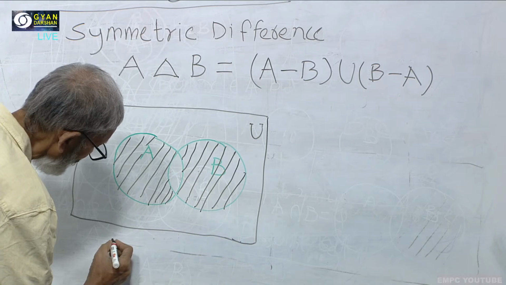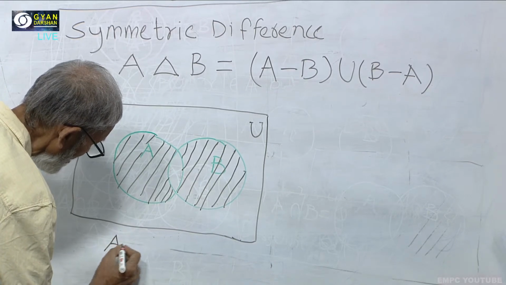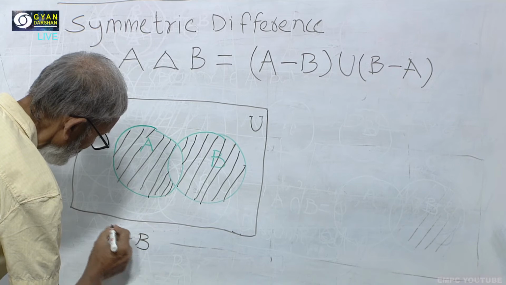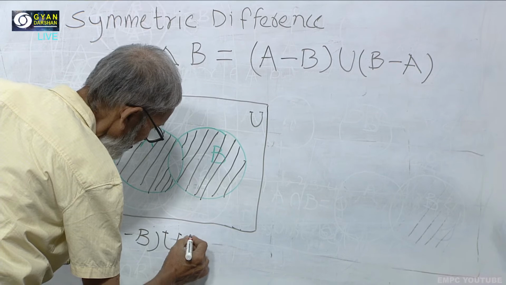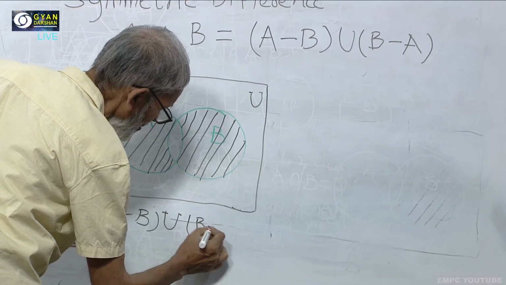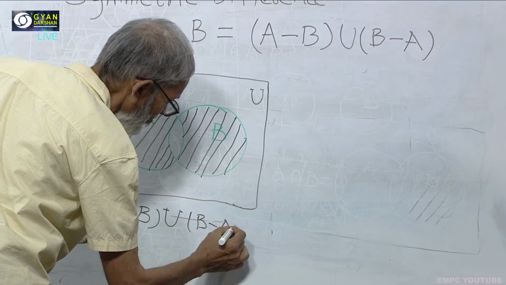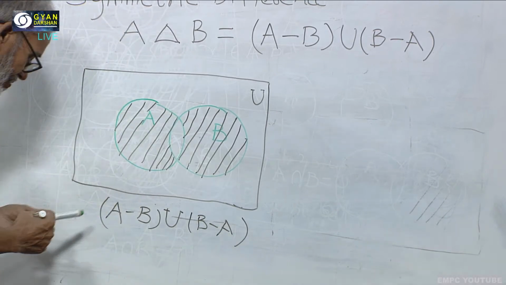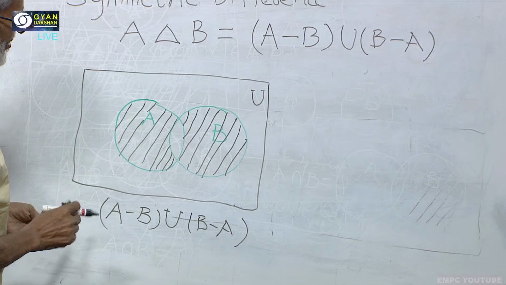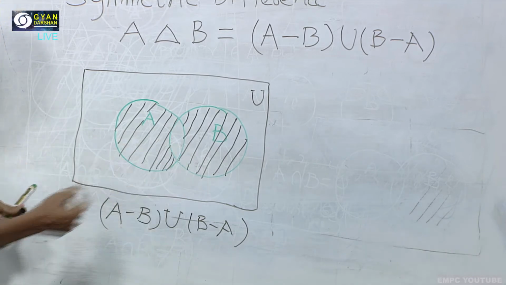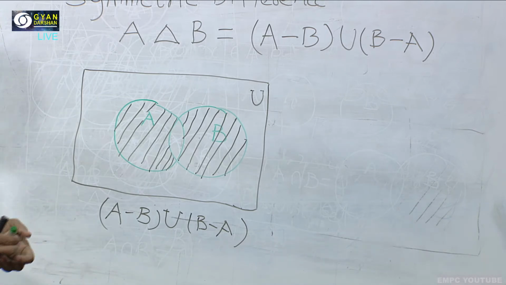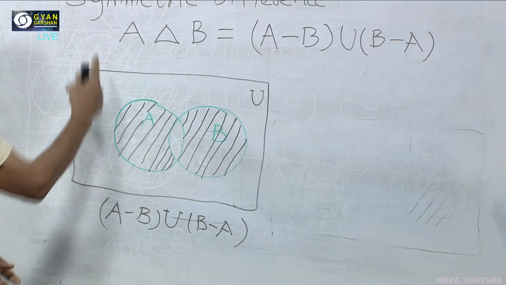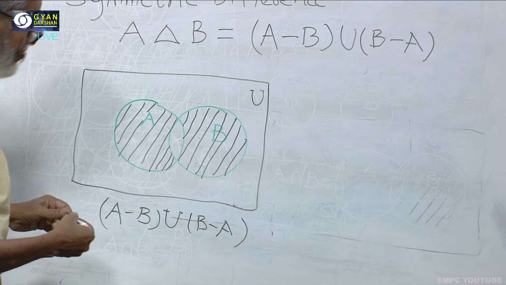So, the union of both, A minus B union B minus A, is called the symmetric difference. The shaded region represents A minus B union B minus A, that is the symmetric difference between A and B.